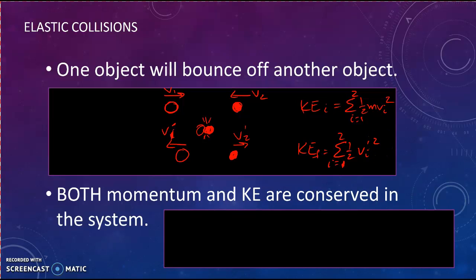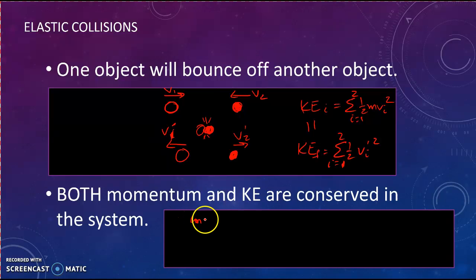And what we'll find with this is that these two are going to be equal to each other. Okay, the final kinetic energy of the system and our initial kinetic energy of the system will be equal to each other, and momentum is also conserved as well. So when we work these types of problems, we'll have two different equations that we can use, two different conservation laws that allow us to solve for things.